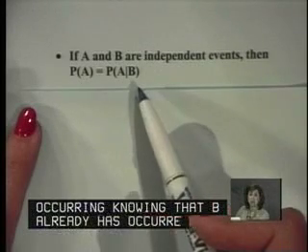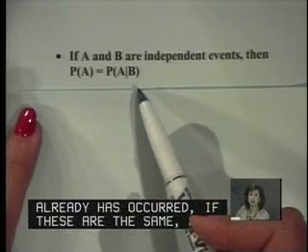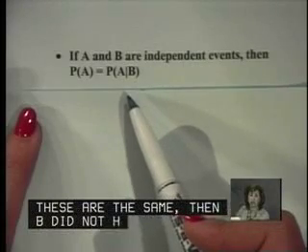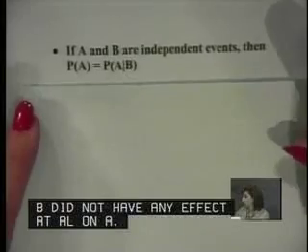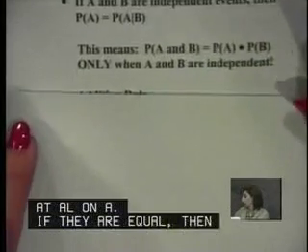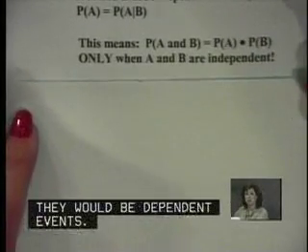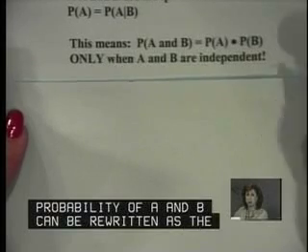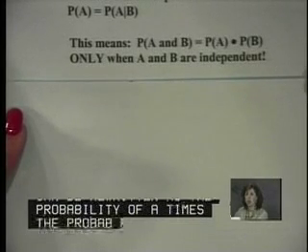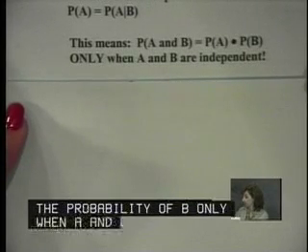If these are the same, then B did not have any effect at all on A. If they are not equal, then they would be dependent events. This also means that the probability of A and B can be rewritten as the probability of A times the probability of B only when A and B are independent events.